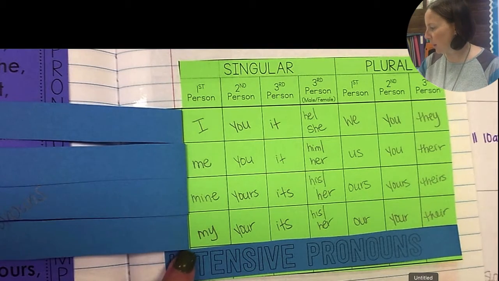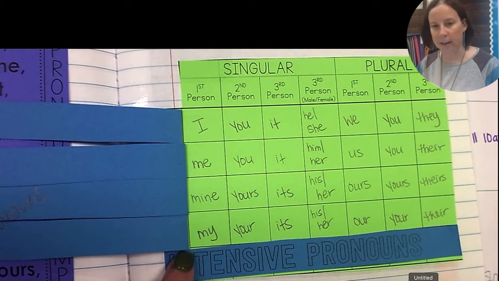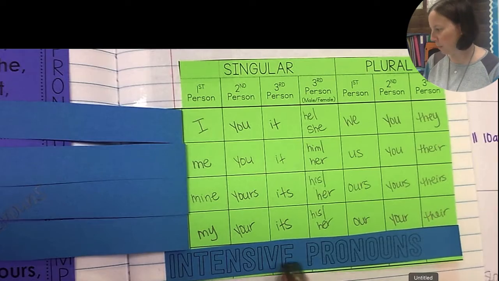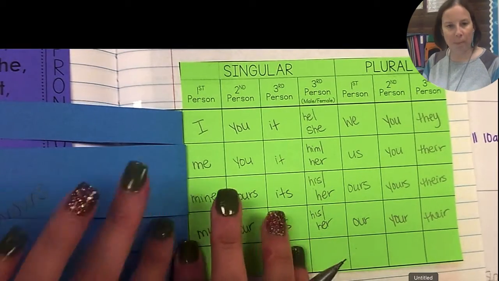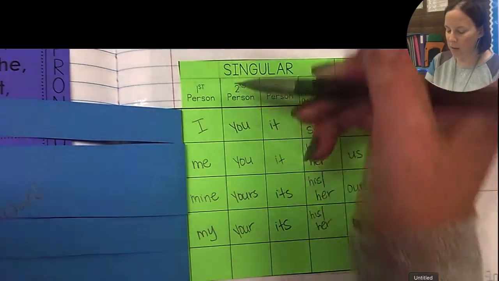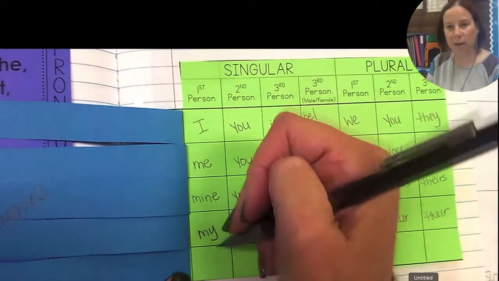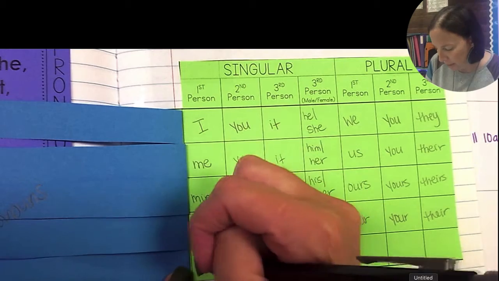Okay, so the last one, and these are the ones that you really need the tiny handwriting for, are your intensive pronouns. Okay, and mostly because they kind of go back on themselves. So when you're talking about intensive pronouns and you're talking about first person, you're talking about myself.